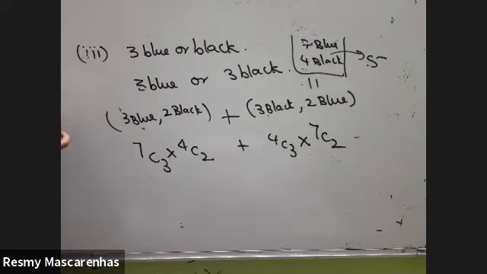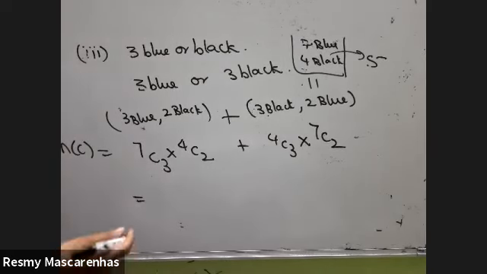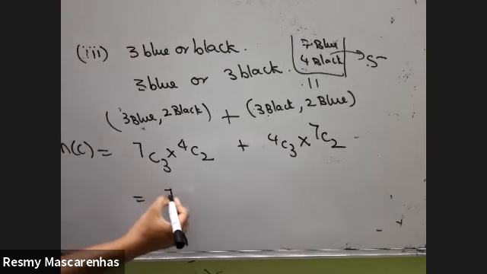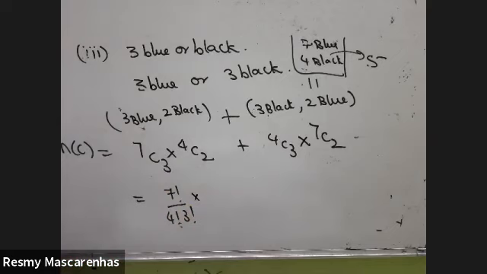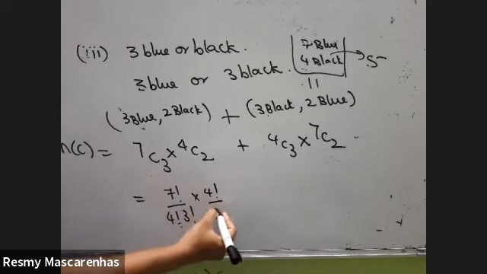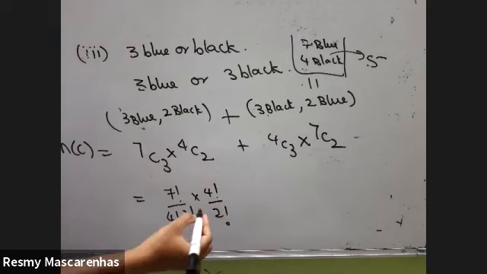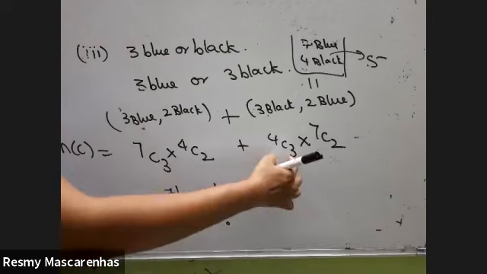So this will be n of C. And then you have to divide by your sample space after calculating. So we'll add this value. 0C3 will be 1.